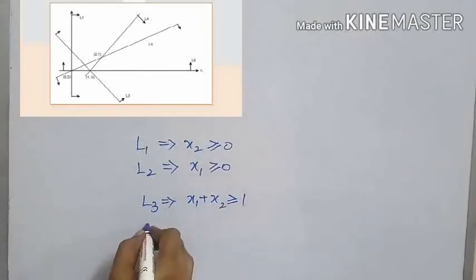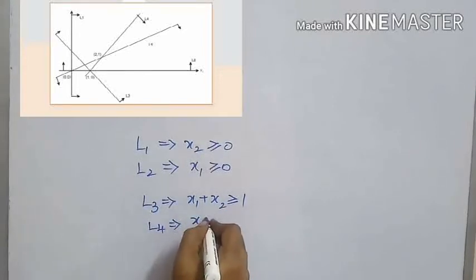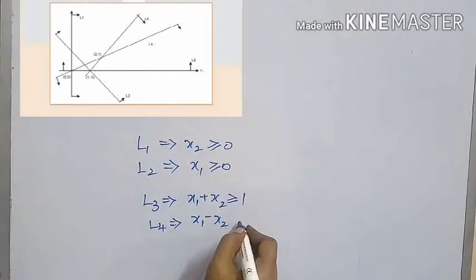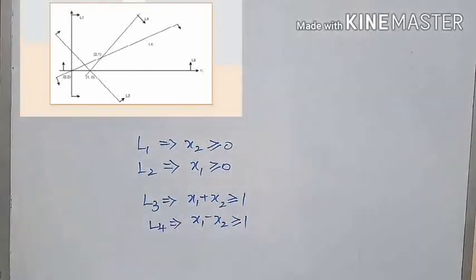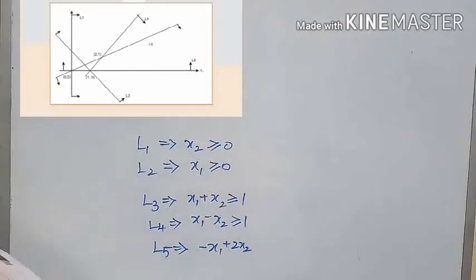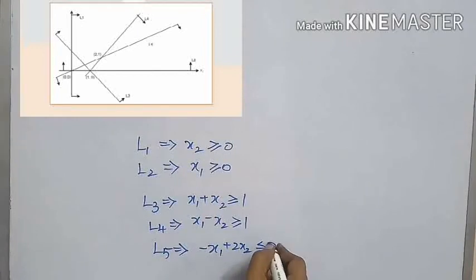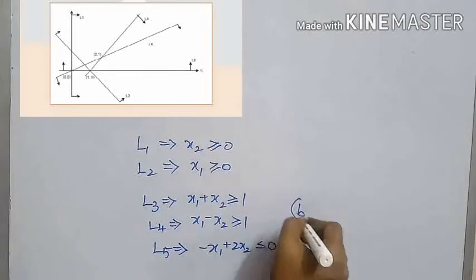Line L4 represents x1 minus x2 greater than or equal to 1. That is away from the origin again. And line L5 represents x1 plus 2x2 lesser than or equal to 0 because it contains the point 1, 0. Therefore, the correct option is B.